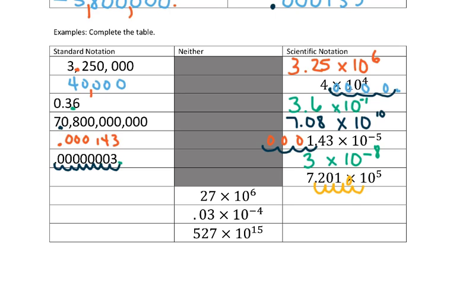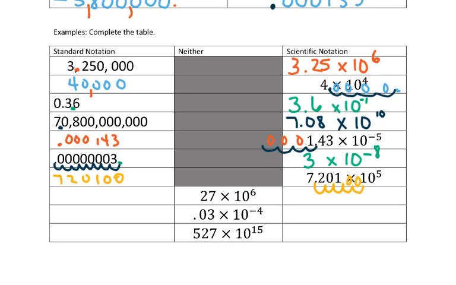I have some empty loops there. I fill them in with zeros. So my answer is 7, 2, 0, 1, and then I had 2 empty loops. So I have 2 zeros. And my decimal point is at the end there, so I don't need to write it.